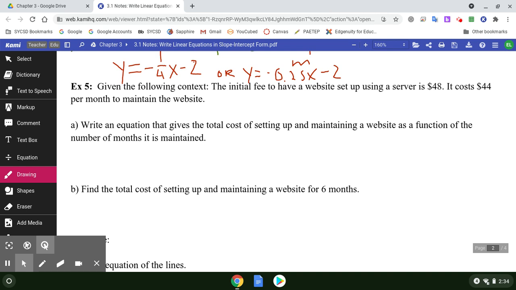Before we start identifying the rate of change and the starting point, we want to label what our inputs and our outputs represent. So we have total cost and we have number of months. Which do you think is X and which do you think is Y?